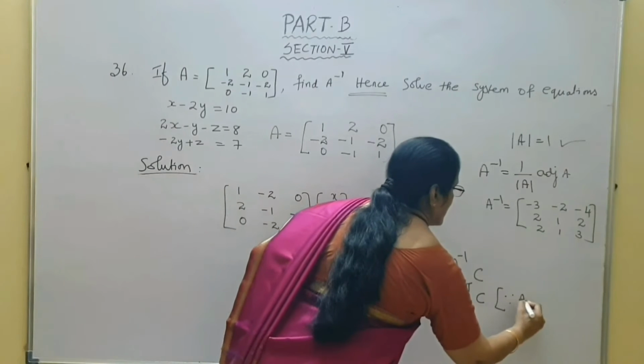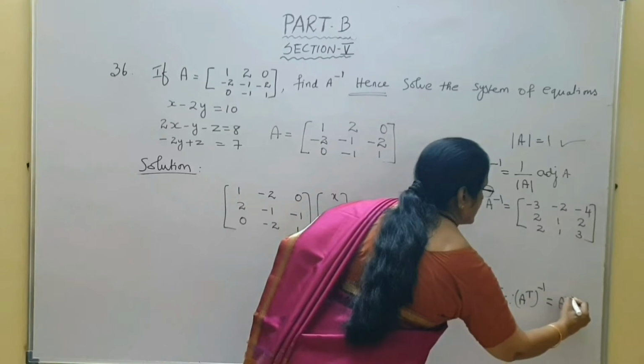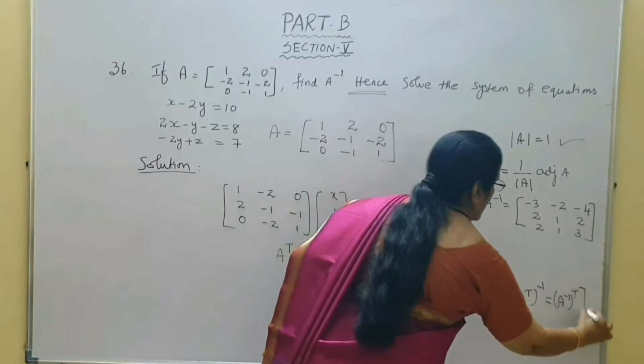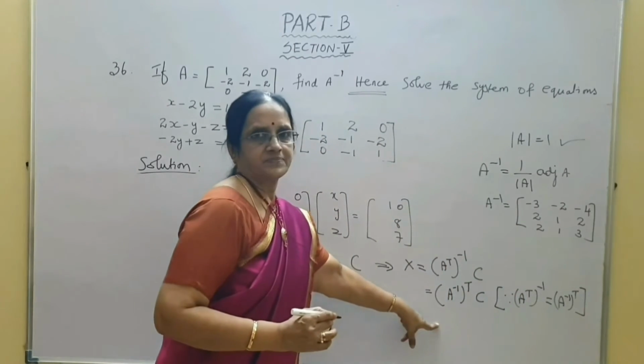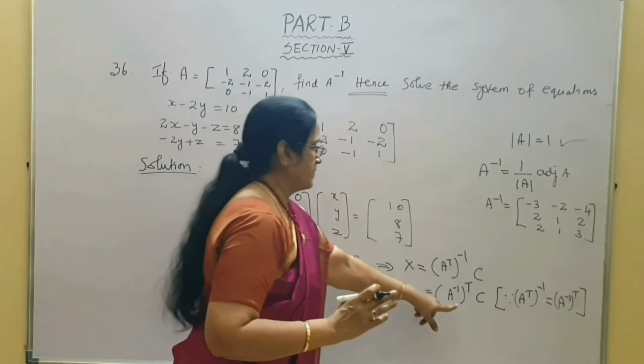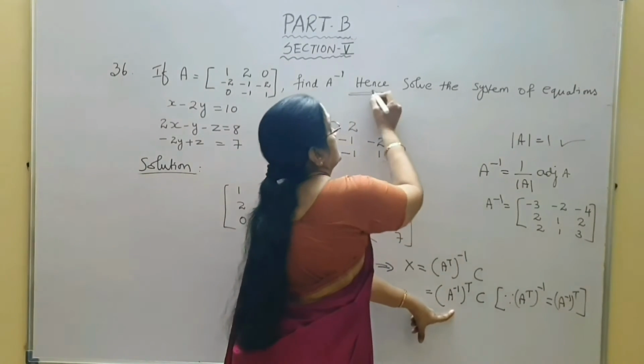Since A transpose the whole inverse is nothing but A inverse the whole transpose. So, this property I am making use of here. Now, I can substitute for A inverse because I have to use this A inverse. See here, hence.